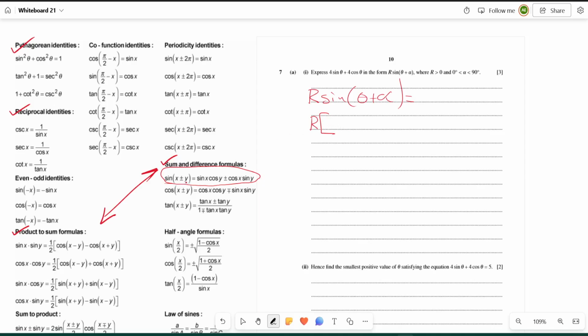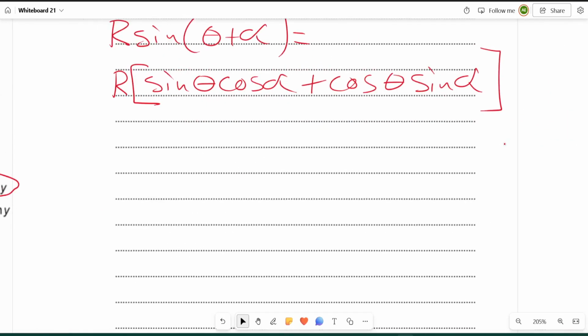This is going to equal sine of the first angle, which is sine theta, cosine of the second angle, so cosine alpha, and then this is plus cosine of the first angle, which is theta, times sine of the second angle, which is alpha. So over here I have this.